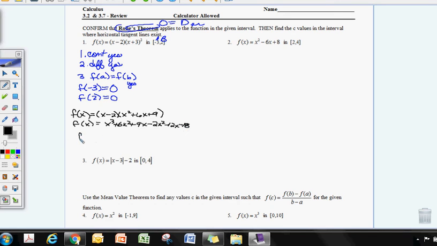So I truly have a function in simplified form of x to the third plus 4x squared minus 3x minus 18. This is what I'm going to take the derivative of.